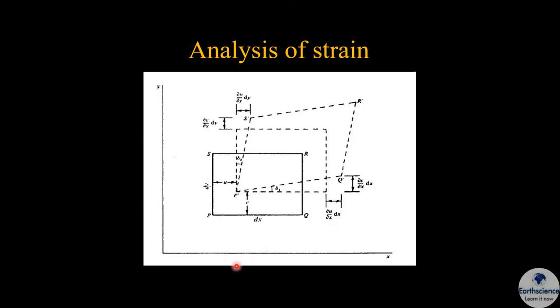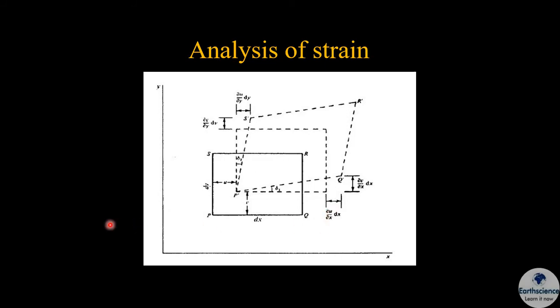Let us see. Consider a body PQRS with this as the x-axis and this as the y-axis. This is simply a two-dimensional body. If we apply a force in the x direction, the corresponding change is du by dx.